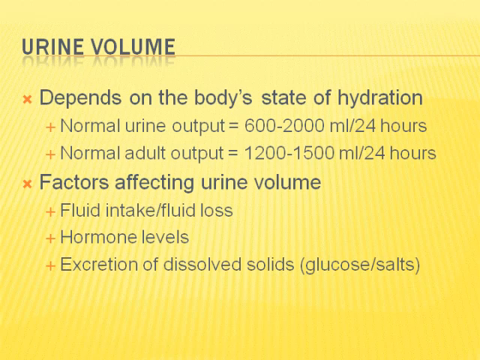There are many factors that affect urine volume, how much fluid you're taking in and how much fluid you're losing related to other functions, not just kidney functions, but non-renal functions. Also, factors that affect urine volume have to do with hormone levels, diuretic and antidiuretic hormone levels, and how much dissolved solids like glucose and salts are being excreted.